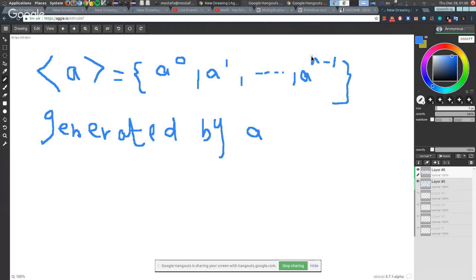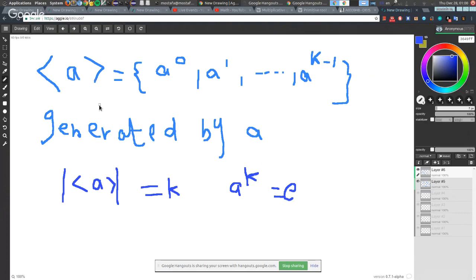I'll use K, so it will be a bit clearer later on. The size of this set is equal to K, the number of distinct elements, and we know that A to the power of K is equal to the identity element, and so on.